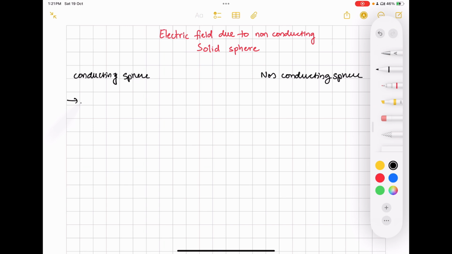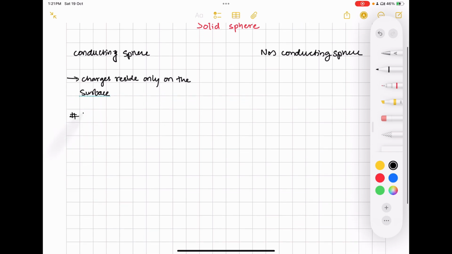That is, if we place a charge at an inside point, it will immediately come to the surface. For a conducting sphere, charges reside only on the surface. Therefore, it is similar to a charged shell.